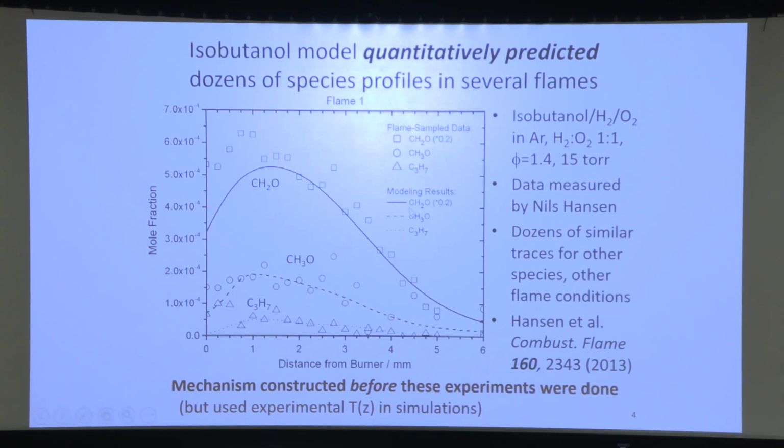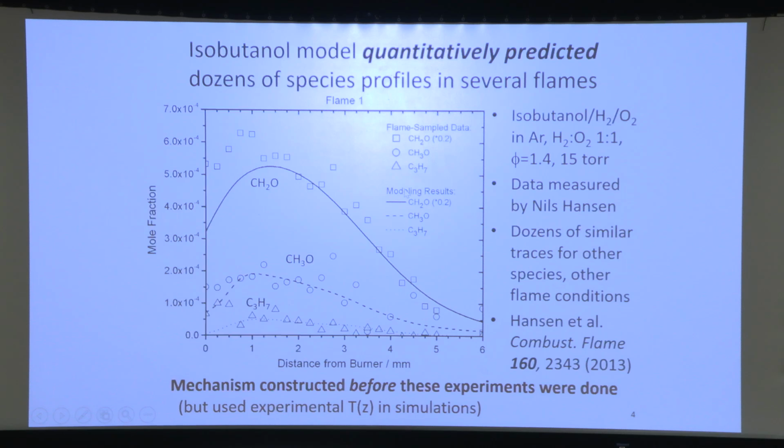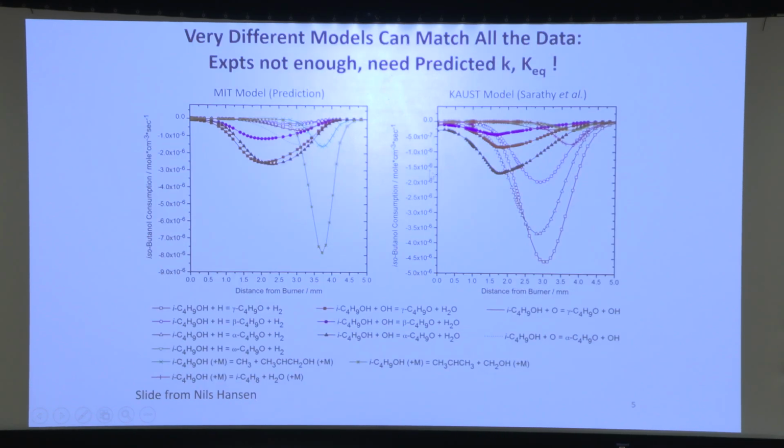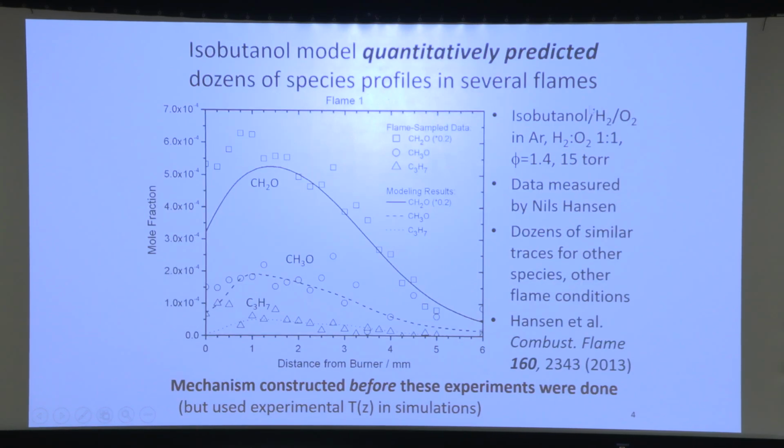And so this is isobutanol with some mixtures with hydrogen. And you see the formaldehyde, the methoxy radical, the propyl radical, all predicted basically as well as you could measure them. So that was really pretty phenomenal.